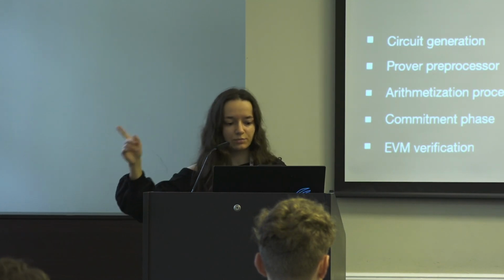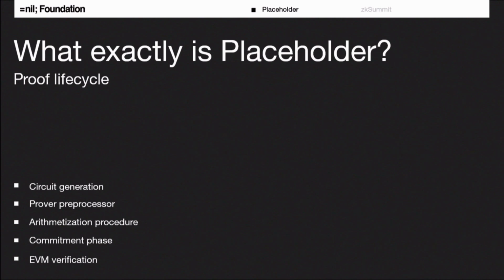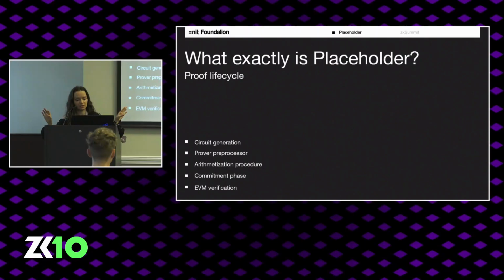The second phase is the proof preprocessor, where we just set the parameters of the proof system. Circuit generation is actually part of the proof preprocessor, but for clarity I divided it into two phases. And just keep in mind, it's a one-step setup.